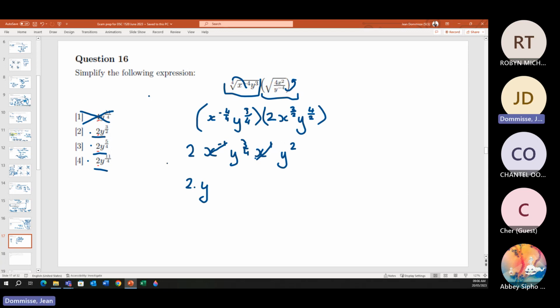If we see that we need to change it, let's change it. If I put it over 4, it will be 8 over 4. So 3 plus 8 is 11 over 4, which will give you option 4 as the correct answer.